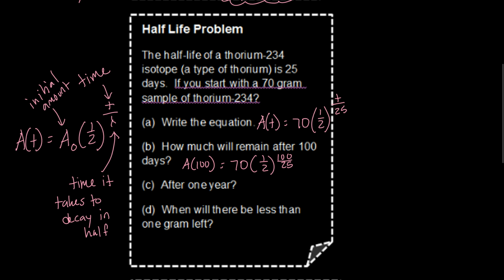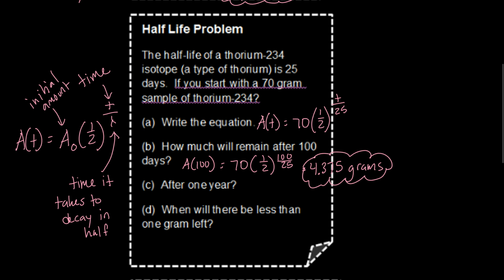Just plug it in, right? We want to know what A of 100 equals, so plug in this right-hand side. 70 times 1/2 raised to 100 over 25. 4.37. And what is our unit? Grams. So that's how much is left.